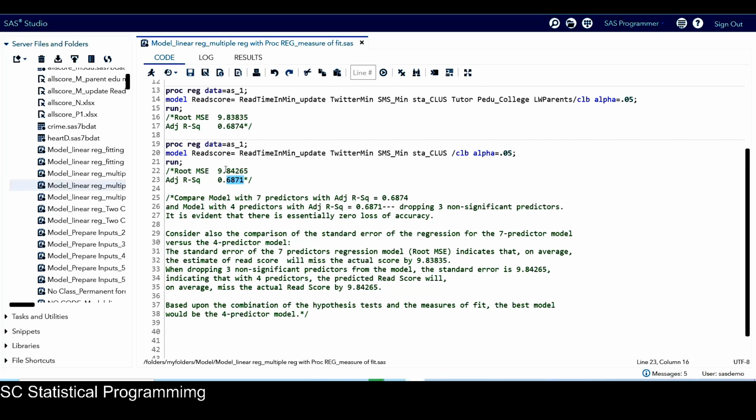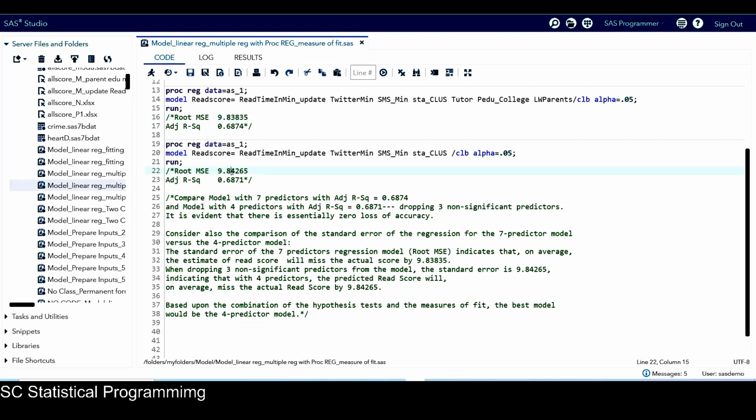And also we can compare the root mean square error for the 7 predictor model as well as the 4 predictor model. The standard error of the 7 predictors regression model indicates that on average, the estimate of risk score will miss the actual score by 9.83835.